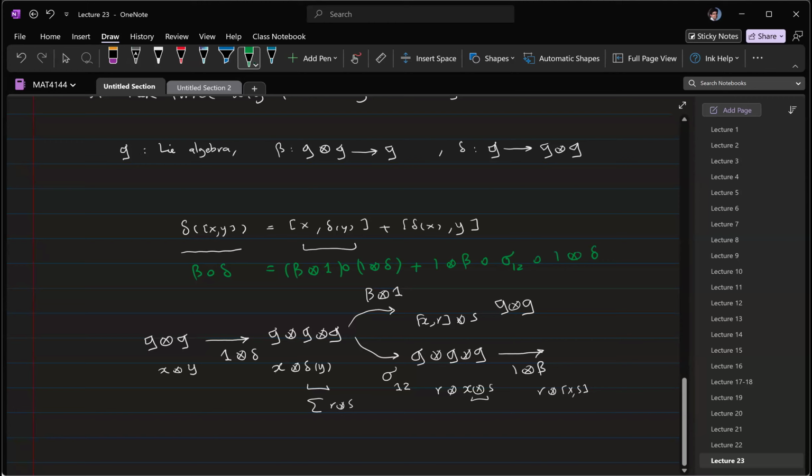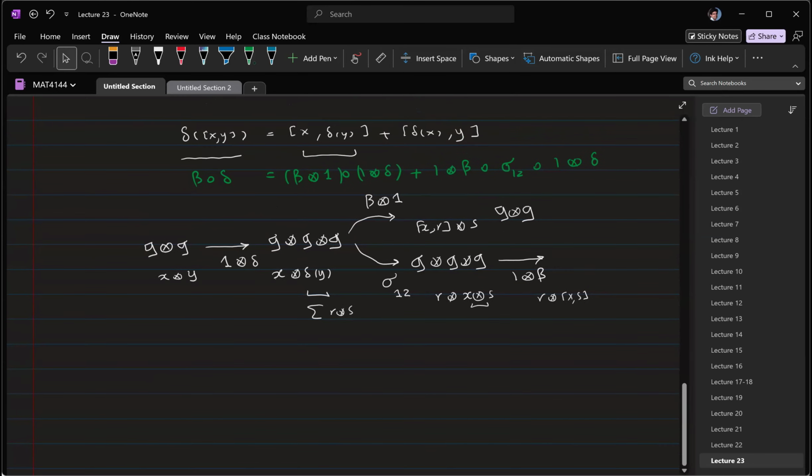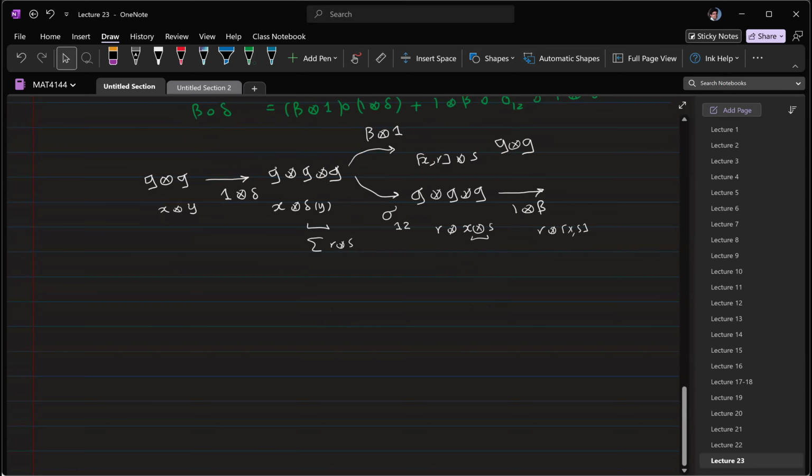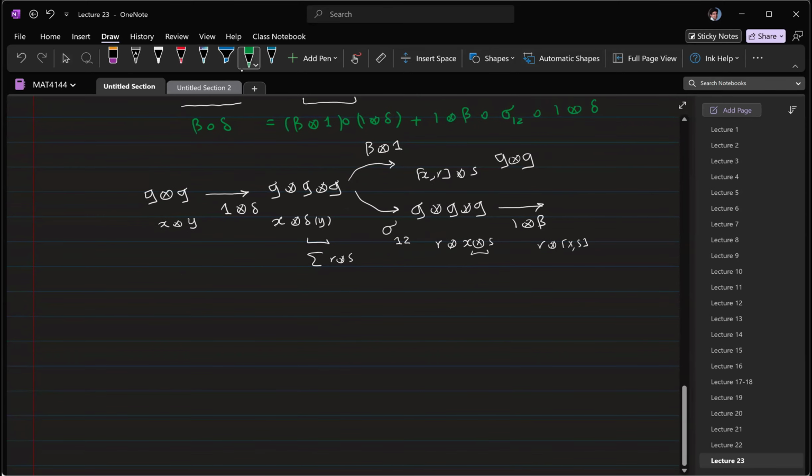Okay, and that is just the first bracket. Now I have another bracket to compute, but let me just copy it down here.